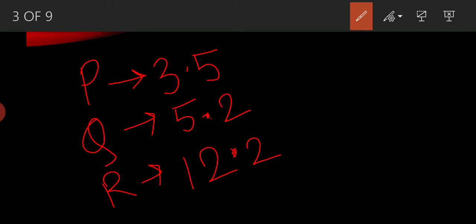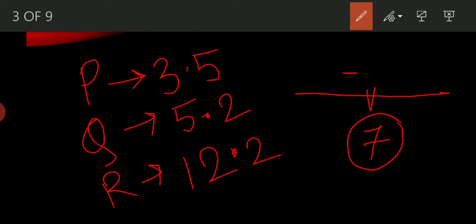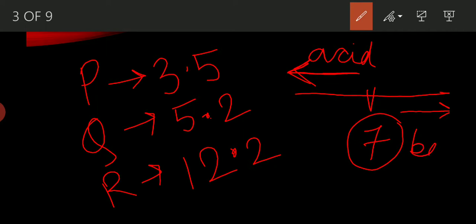Okay. Now, if this is a pH scale, then in the middle it's 7, which is neutral. When we move from 7 towards left, then it's acid, right? And when we move towards right from 7, then it's base, right?